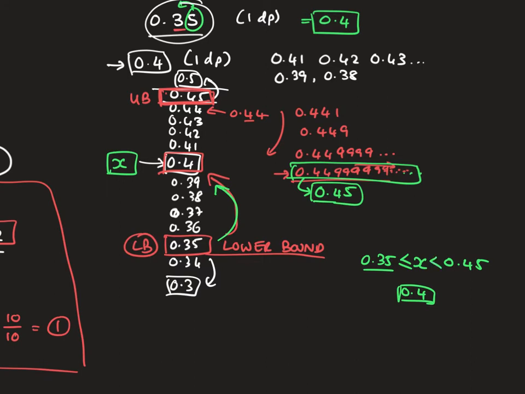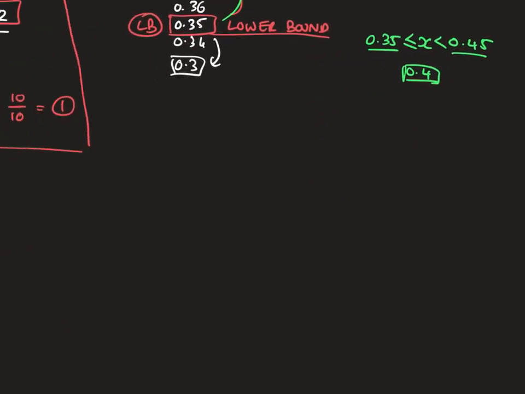But it is just smaller than 0.45. It doesn't actually include the 0.45. But for calculations, we can use 0.45 because our answer, when rounded to three significant figures, would essentially be the same thing. So let me show you another example that hopefully makes it a little bit clearer.